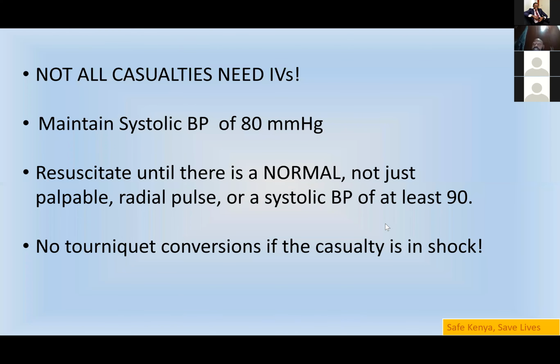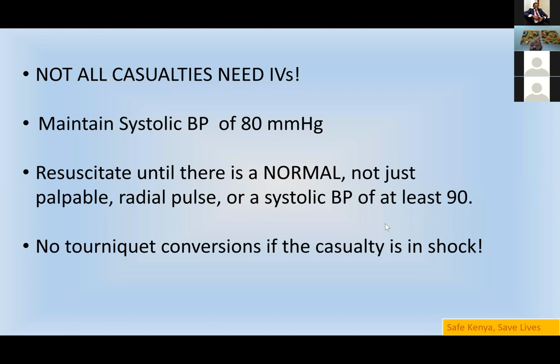So a couple of things. We already mentioned this several times during the presentation: not all casualties need IVs. If the patient does not need it, we do not give it. We don't want to waste our supplies on the patient, and we don't want to waste time doing something that doesn't need to be done. When we do, we want to maintain a systolic blood pressure of 80 millimeters of mercury. That means checking the radial pulse if we don't have any blood pressure cuffs.